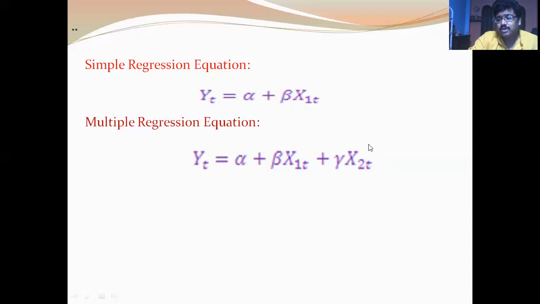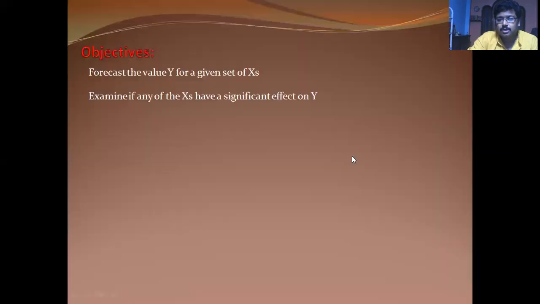A family always has a financial asset. So financial assets do have some effect on the dependent variable, consumption expenditure. So this is a practical example of a multiple regression equation.